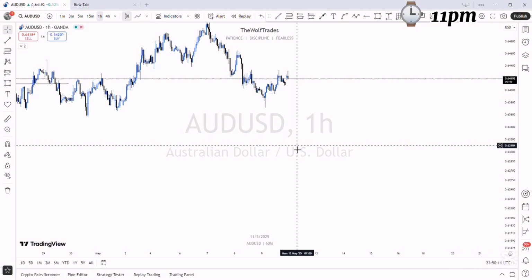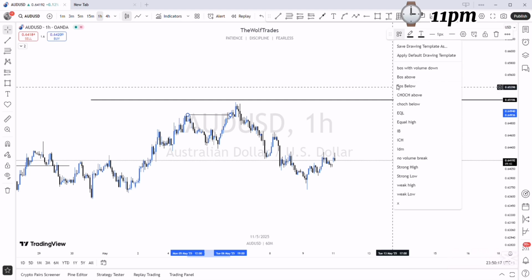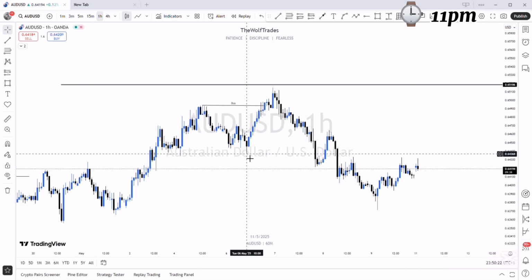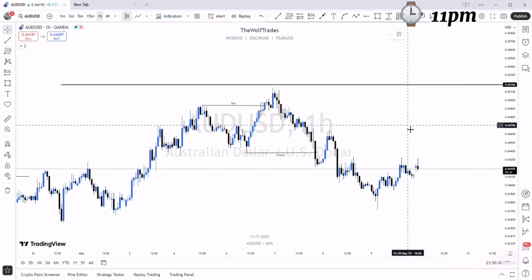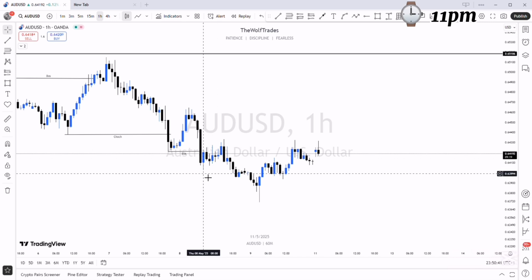And let me scale into the 1 hour time frame. That's my intraday analysis. So that's my break of structure and my change of character. And also price created a break of structure, making the downtrend a valid downtrend.